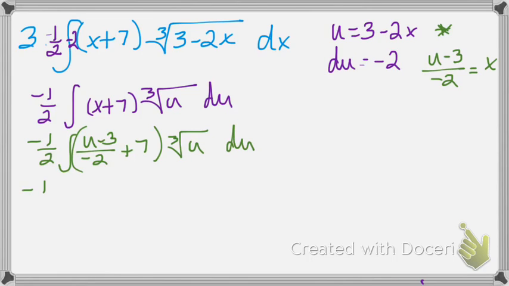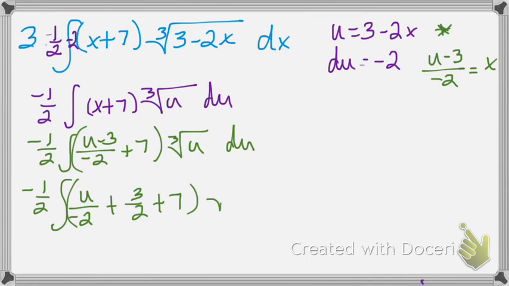Now, it'd probably be easier to rewrite this one as u over negative 2 plus 3 halves. I just divided each by negative 2 plus 7, because we're going to have to distribute that cube root of u, and I think it would be easier to distribute whenever you separate it like that.